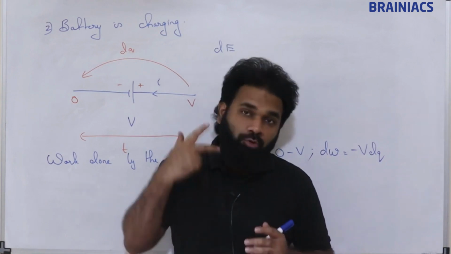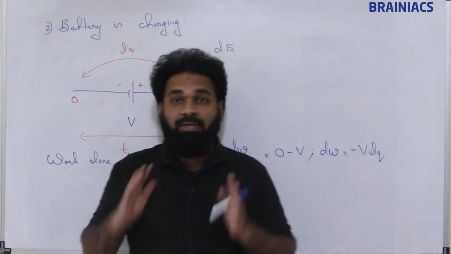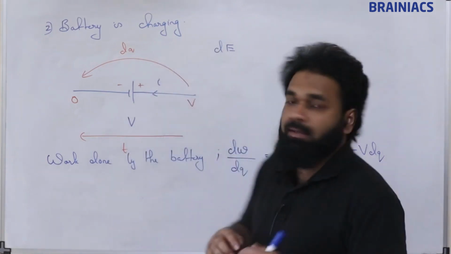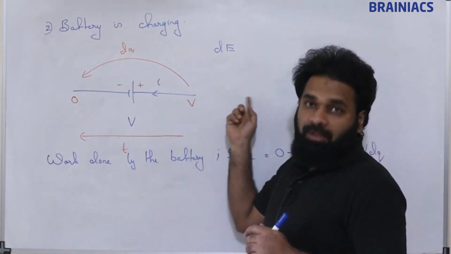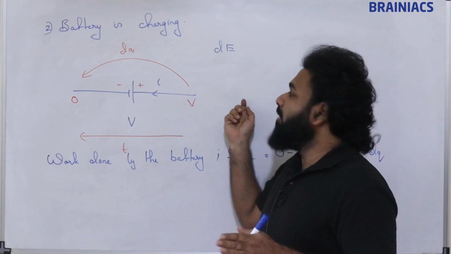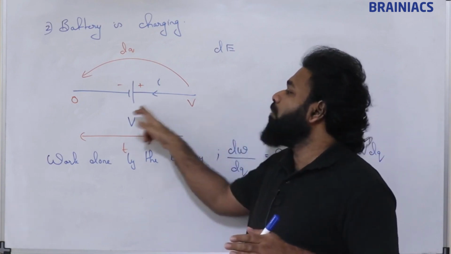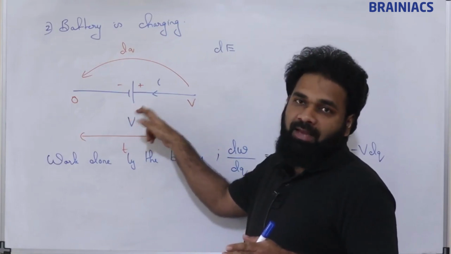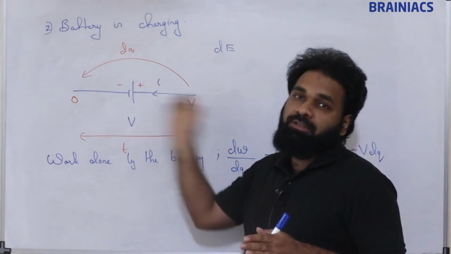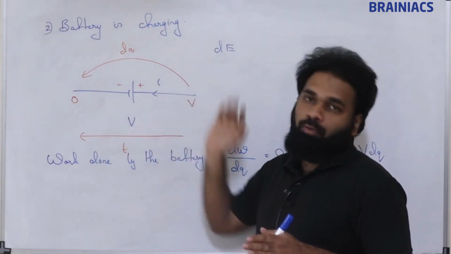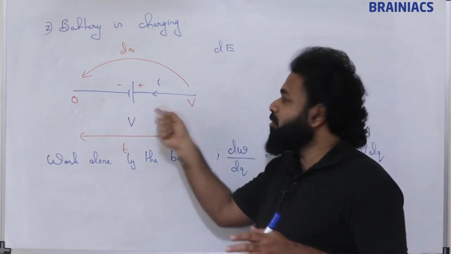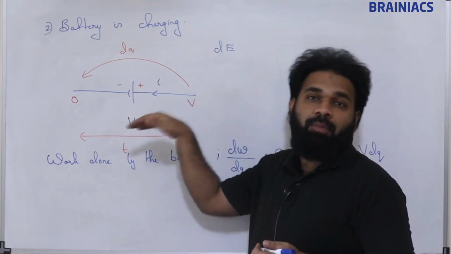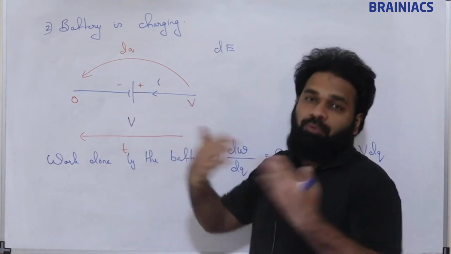But if there are two batteries, one with bigger EMF than the other, and they are connected such that the positive terminal of the bigger battery sends current to the positive terminal of this battery, then this battery is being charged. At that time energy is absorbed by this one, and the battery with the better EMF supplies energy.